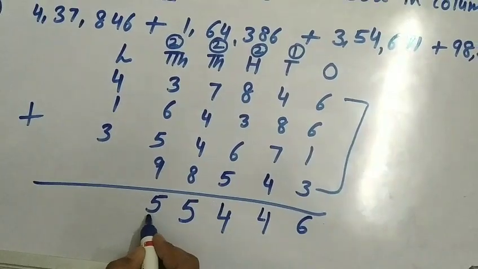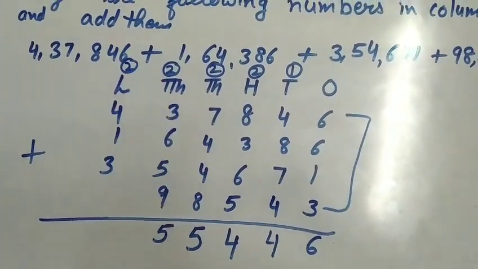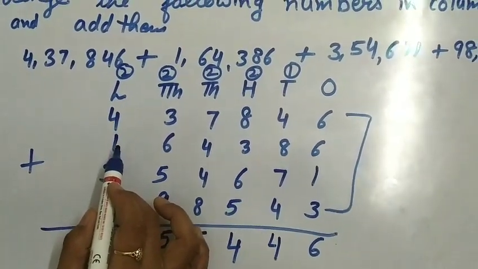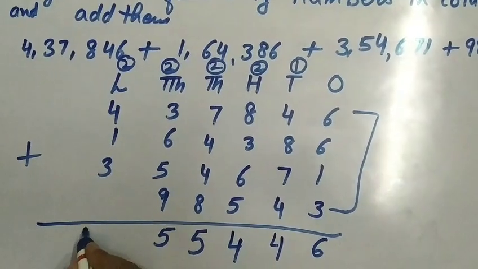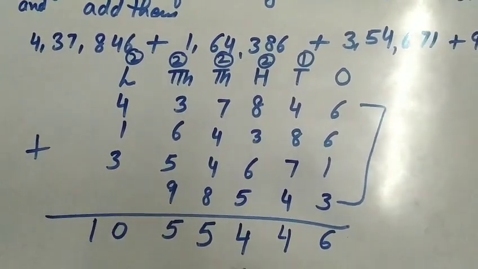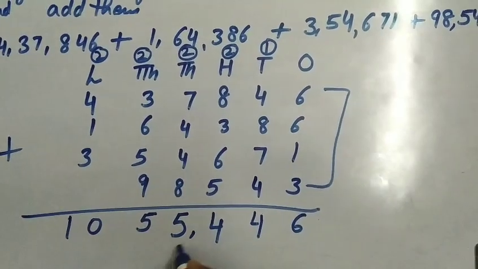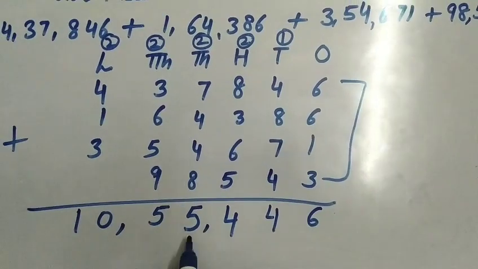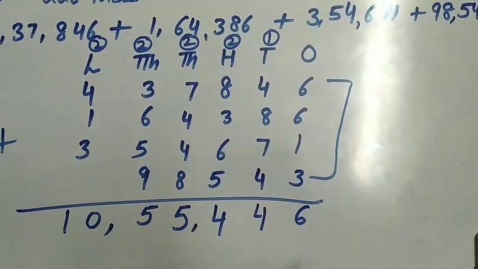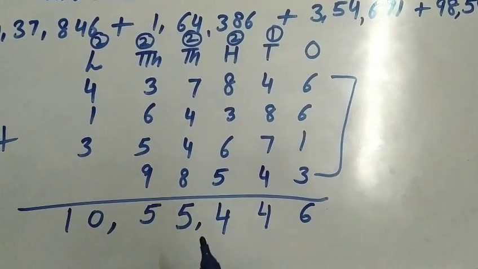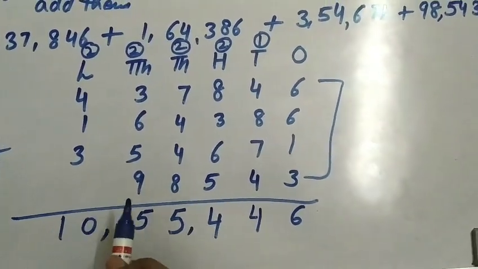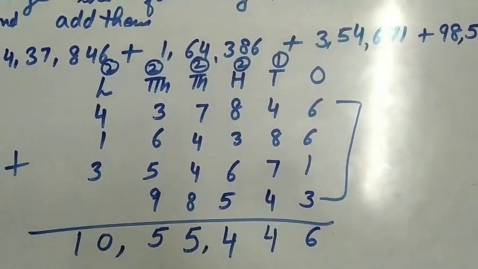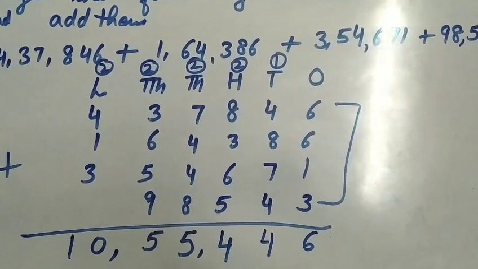Then we will write here 5, and 2 will be carried. 2 and 4, 6, 6 and 1, 7, 7 and 3, 10. Now see what your answer is. Ones, tens, 100, 1,000, 10,000, and this is the lakh, 10 lakh. 10 lakh 55,446. Yes students, question number second. I have done the 4 parts, A, B, K and L. Rest of the parts you have to do yourself in your notebook.